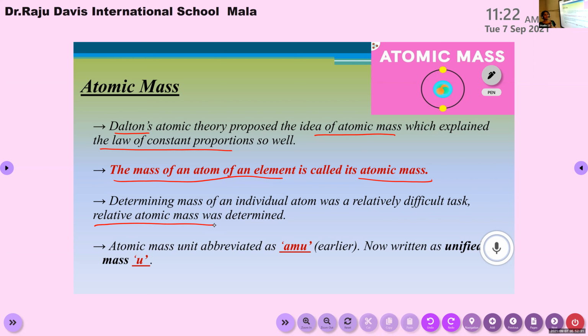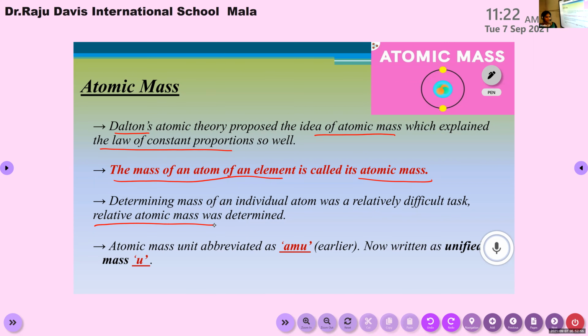That means we will fix the atomic mass of one element and all other elements' atomic mass is related to this fixed mass. Clear? We will find out the atomic mass of one element and we will relate the atomic mass of other elements with this reference.